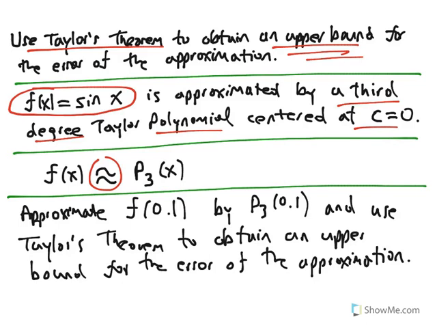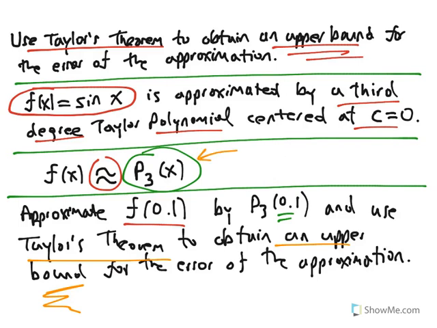And we want to approximate f of 0.1, in other words, sine of 0.1, by evaluating our third degree Taylor polynomial at 0.1. And we will use Taylor's theorem to obtain an upper bound for the error of the approximation so that we will know the most our approximation could be off from the exact value by.